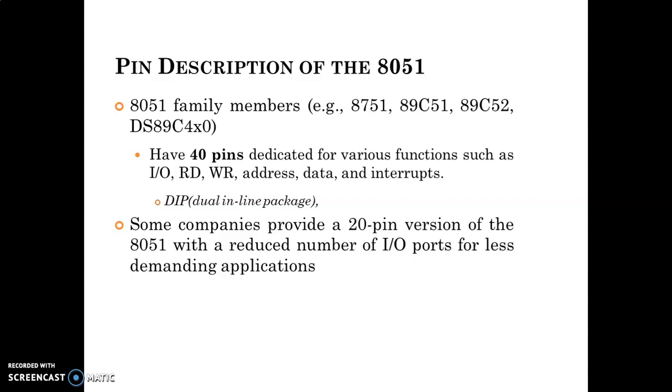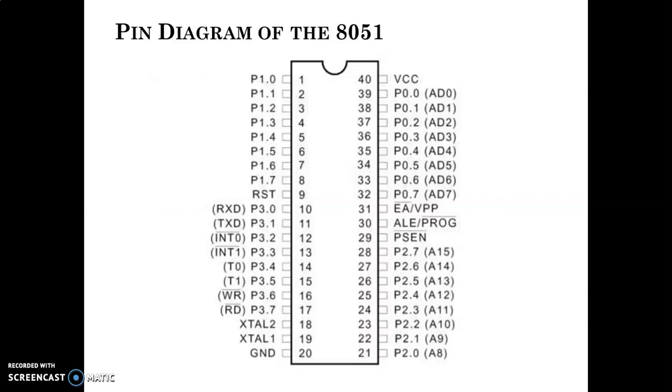This is the dual inline package IC 8051: 20 pins on one side and 20 pins on the other side, making a 40-pin IC. Some companies provide a 20-pin version of the 8051 with a reduced number of IO ports for less demanding applications.